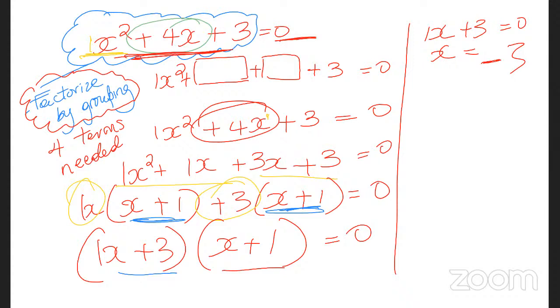And then we're going to do the next part, which is x plus 1 equals 0. What's the value of x, Sashin? What type of 1?